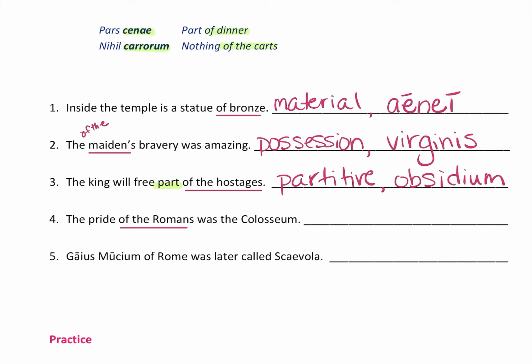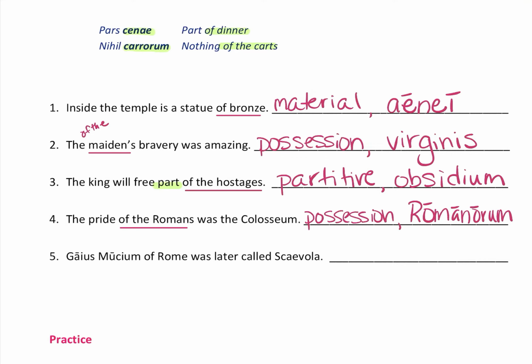So what is it? It's possession, because the pride belongs to the Romans. And then the genitive for Romans was Romanorum. Make sure it has an N in there because that makes it different from Rome.